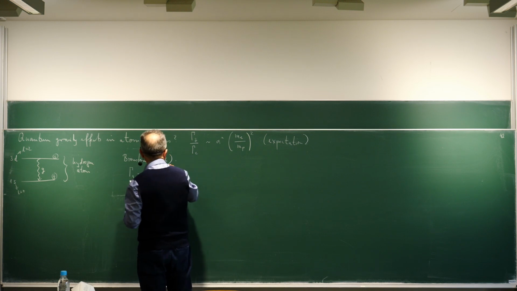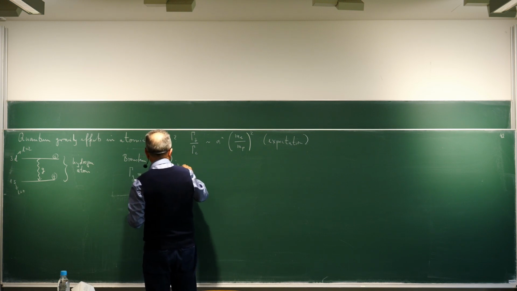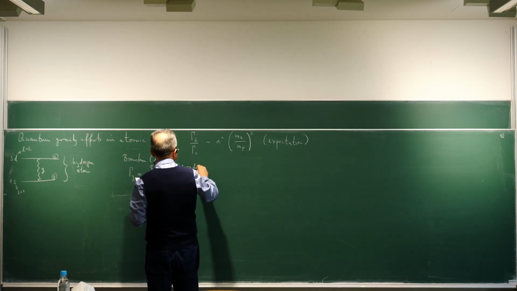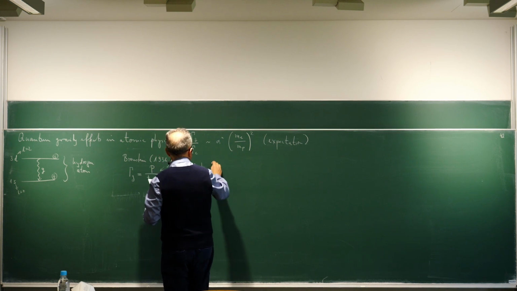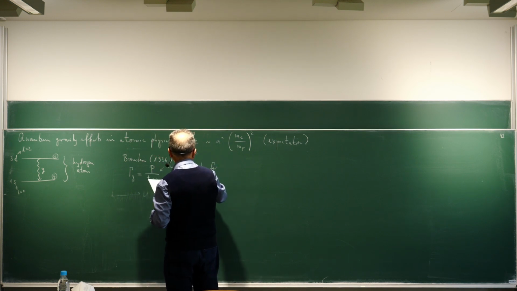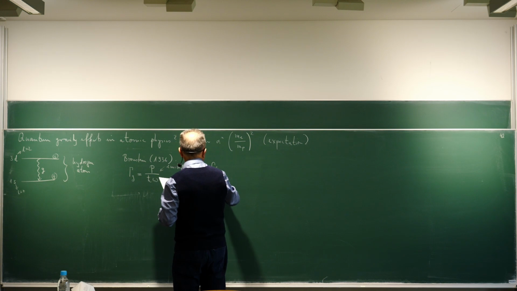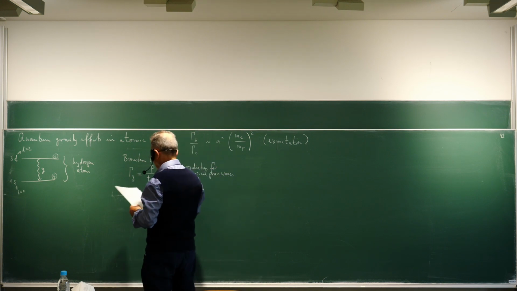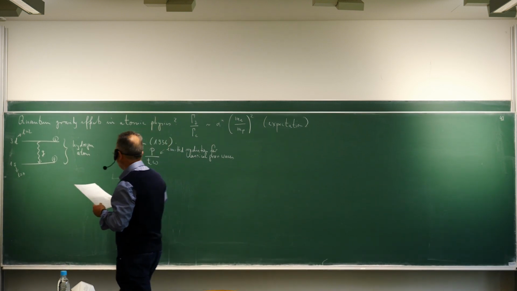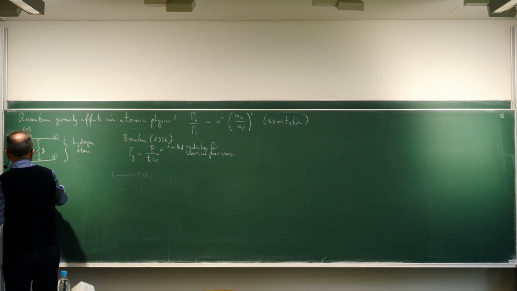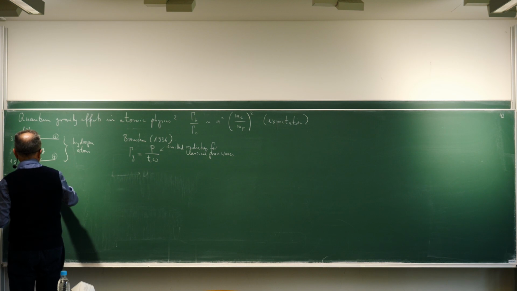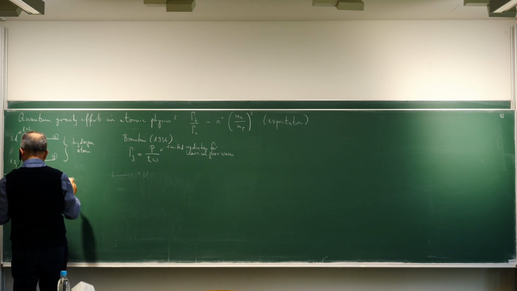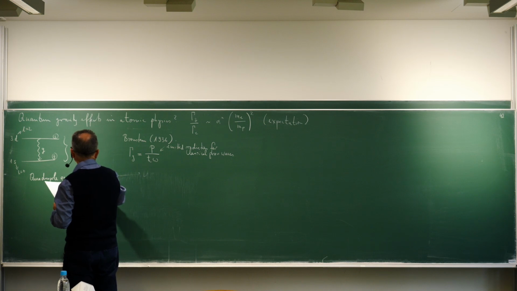So this is the emitted radiation for classical gravitational waves. And so in the quadrupole approximation, okay, we would have the following.